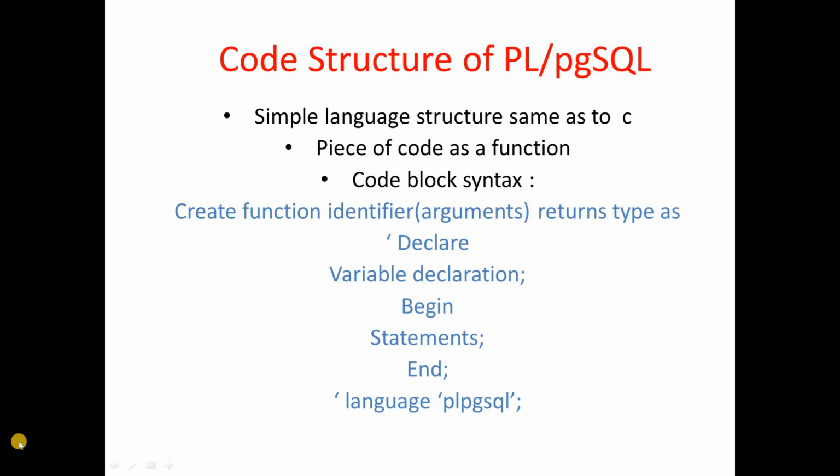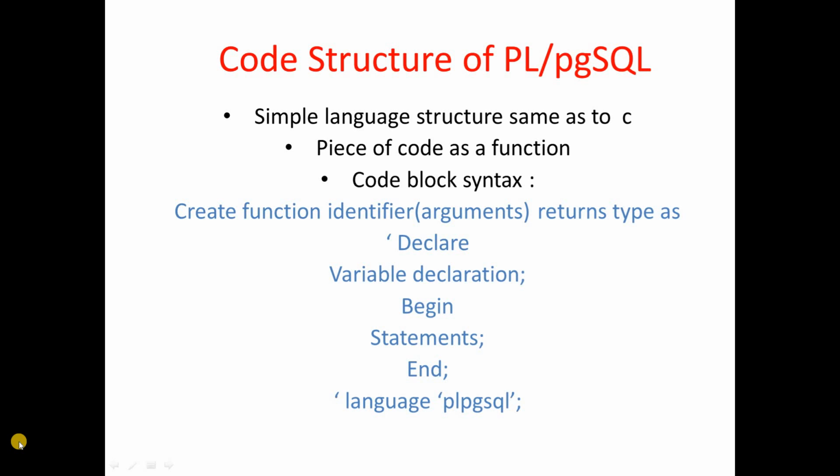In C, when you define a function, at the time of calling it you pass the arguments which are defined in the definition. The same here: when we create a plpgSQL function, we also pass some arguments, and when we call that function, we provide the argument values. That's why the plpgSQL structure is similar to the C language structure. Very simple structure.